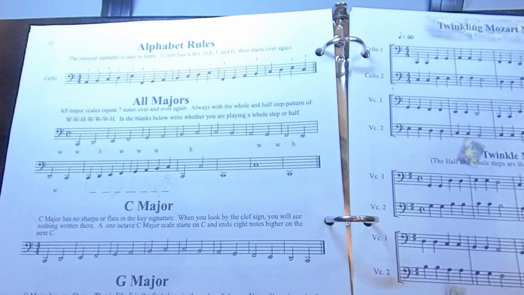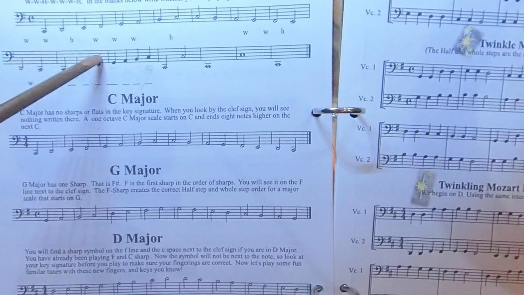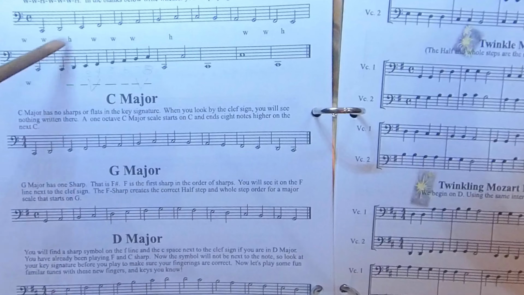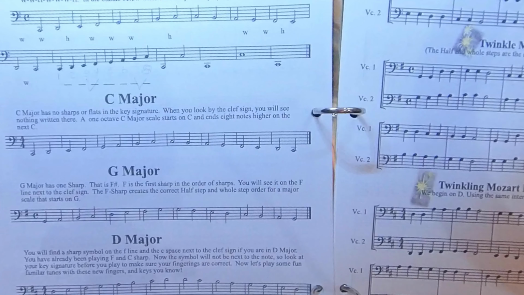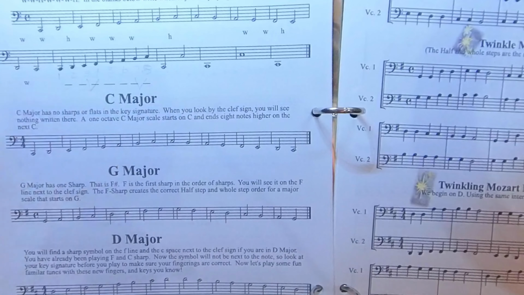That pattern remains the same whether you start on C, whether you start on G, whether you start on A, whether you start on B, whether you start on D. It doesn't matter. That whole, whole, half, whole, whole, whole, half stays the same in a major scale. That's what gives us our ear to hear a major scale. So let's go ahead with C major.